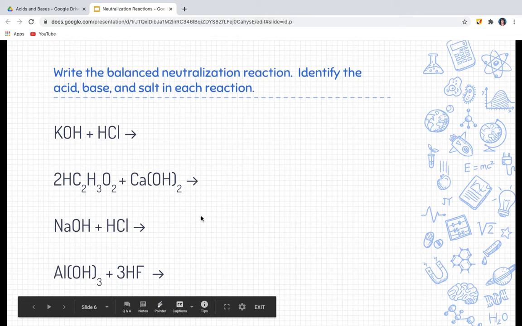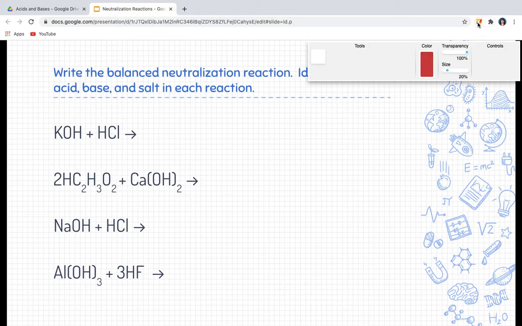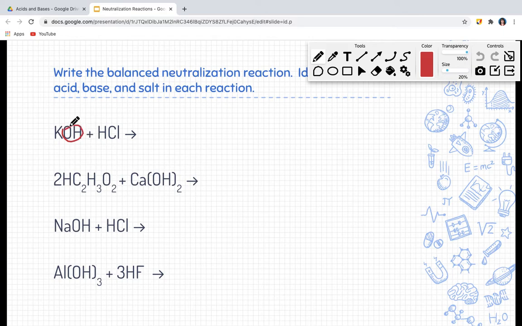So we're going to start by writing the balanced neutralization reaction. We're going to identify the acid, base, and salt in each reaction. How we're going to do this, just like we did with double replacement, I'm going to circle my hydroxide and I'm going to circle my hydrogen.